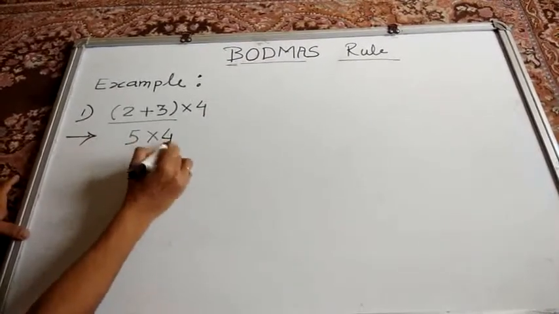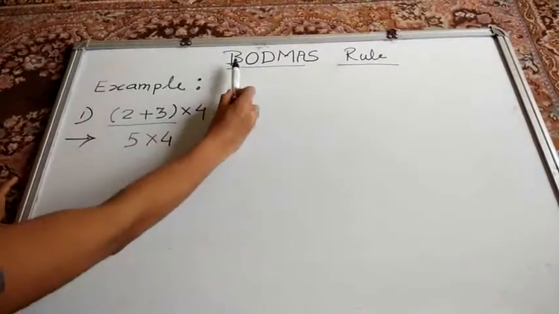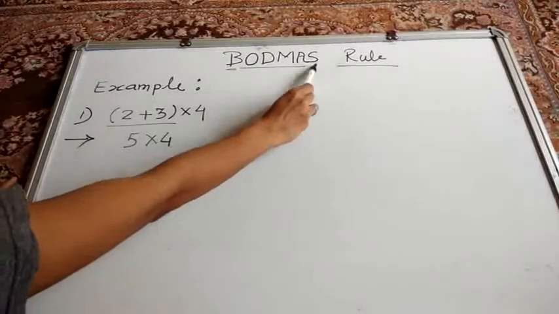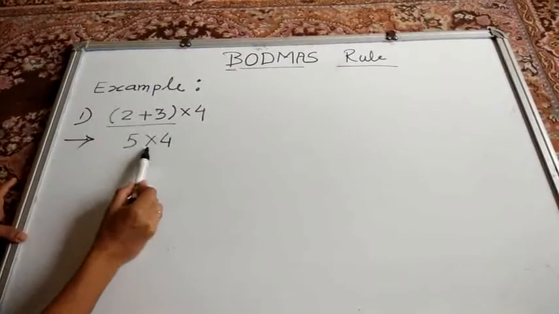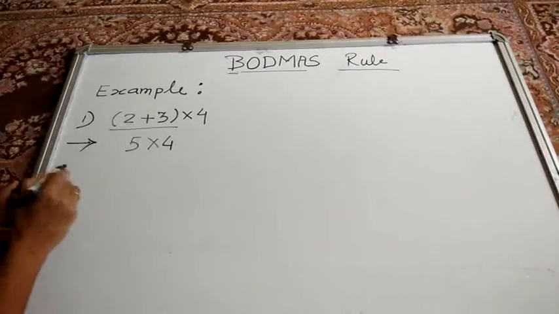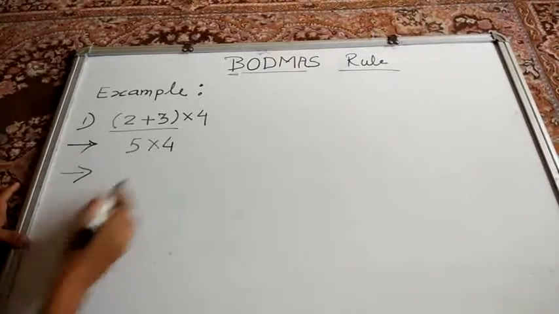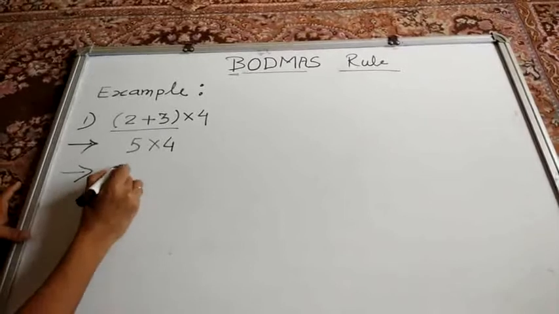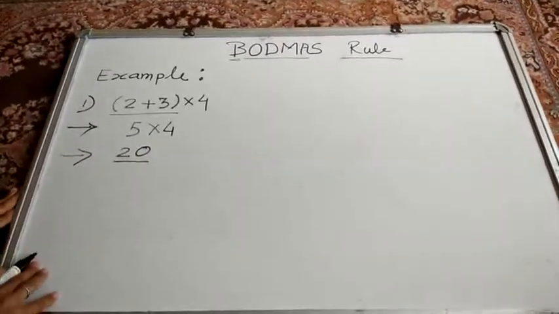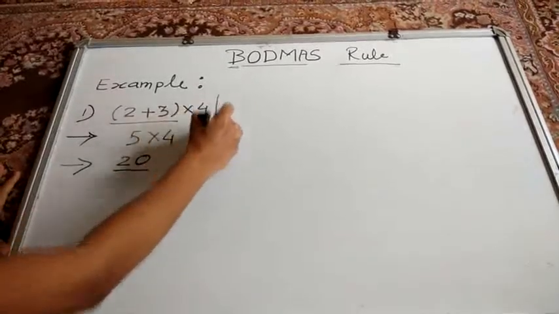Into 4. Now after B, there is O, D, M, A, S. Now there is only one operation, that is multiplication. So we will multiply these two numbers. 5 into 4. 5 4s are 20. This is our answer. Now let's take one more example.